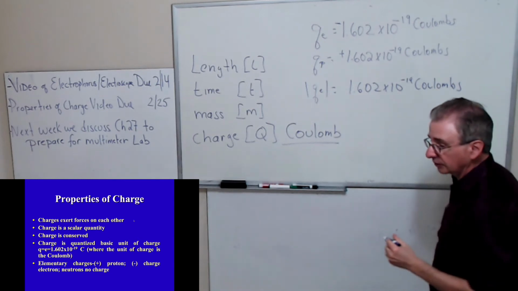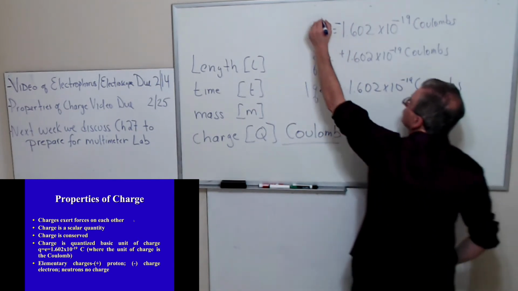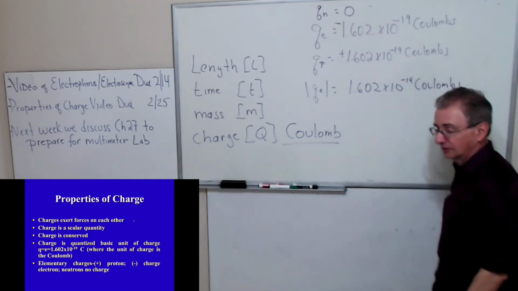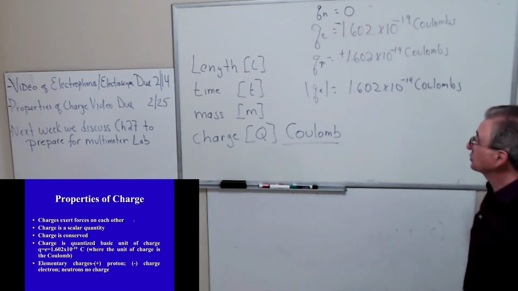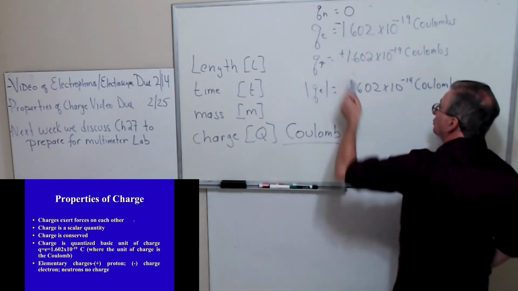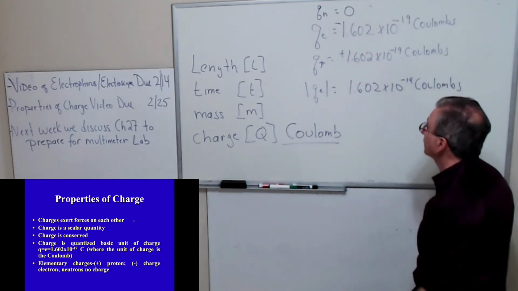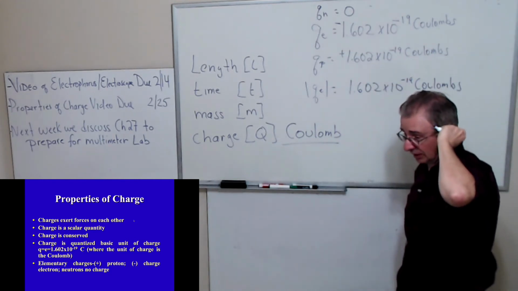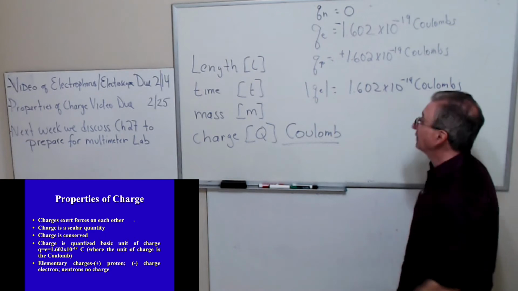Of course, the other elementary particle that we can talk about is the neutron. It's neutral. And in this course, we're going to assume that these are 3 elementary particles and that all charges are derived from multiples of these values. And I can use the term linear combination of these values.